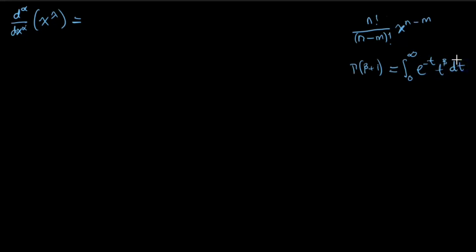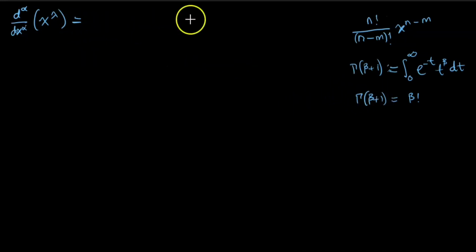This is the definition of the gamma function, and we can easily observe that gamma of beta plus 1 is the same thing as beta factorial if beta is an integer. But if it is not, we use the gamma notation. This gamma function is only defined when the input is not a negative integer and not 0. So for every other real number except the negative integers and 0, the gamma function is defined.